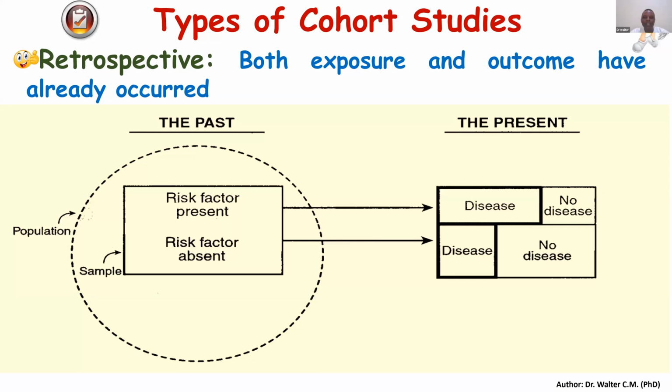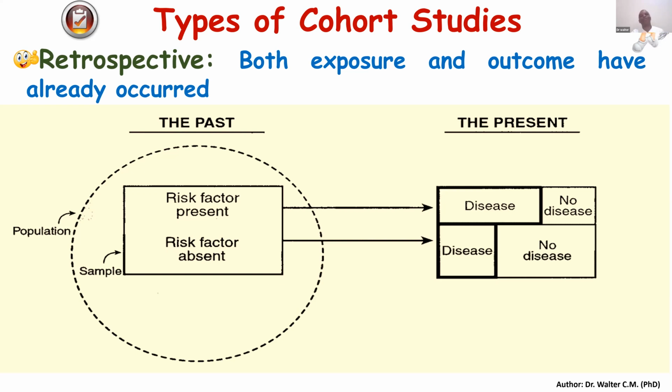You can have the entire population, and within the entire population you get a sample which has experienced that problem, and then you find out what contributed to them having such a problem. This one is a cohort study. You recruit people who have already developed the problem, and then you find out why they developed the problem. You find the exposure. This is a retrospective cohort study.